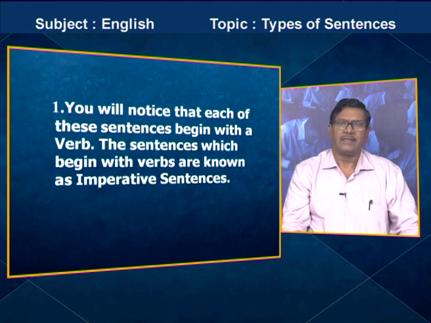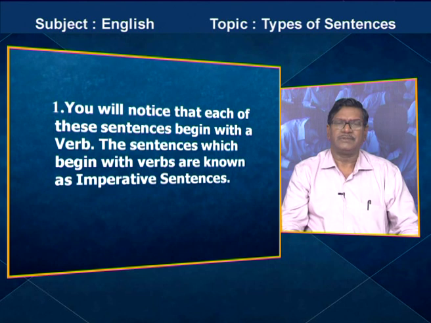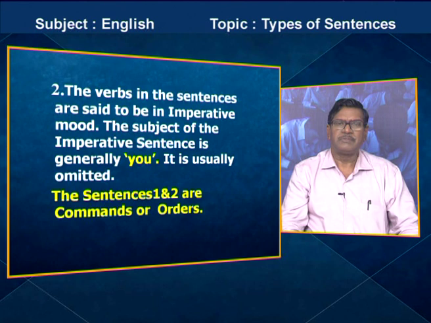Here we notice that these sentences begin with a verb. Sentences which begin with verbs are known as imperative sentences, and the verbs in the sentences are said to be in imperative mode. The name imperative is given to them because the verbs are in imperative mode.